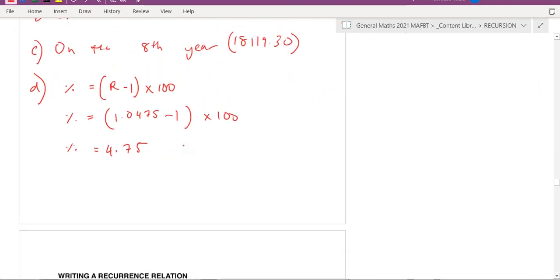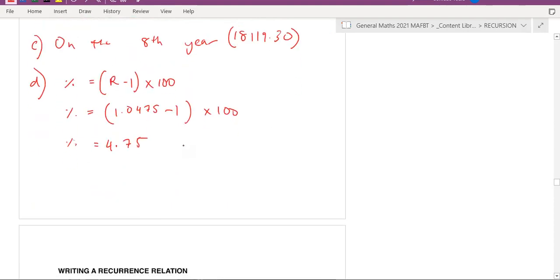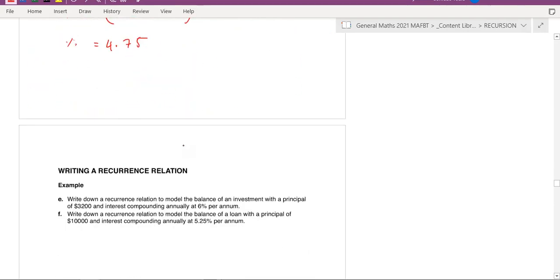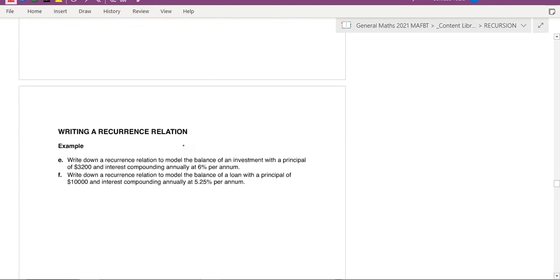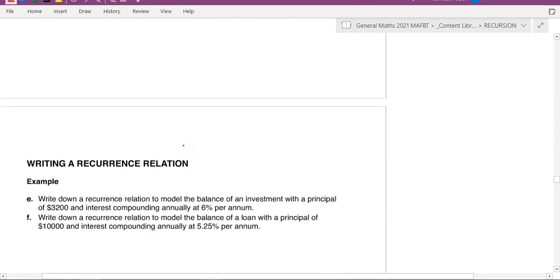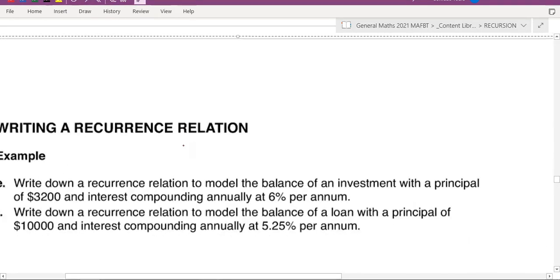So that's all we have to do for these questions. Okay, last two for these questions is just writing the recurrence relation. Remember, the recurrence relation just tells you how to get the next term.